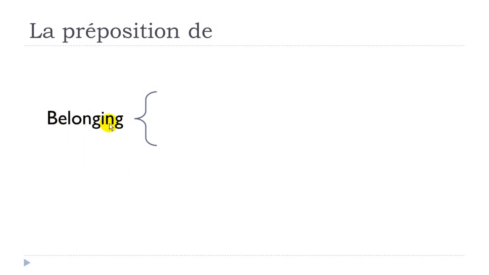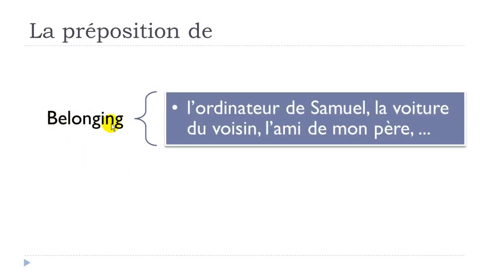When you want to introduce this belonging concept, then usually you should use this preposition de, like here, l'ordinateur de Samuel. Okay, so with this structure, you want to say that l'ordinateur, the computer, belongs to Samuel. So it's quite simple because you just put the noun, and after that you put this de and the name of the person. It could be also like here, la voiture du voisin, the car of the neighbor.